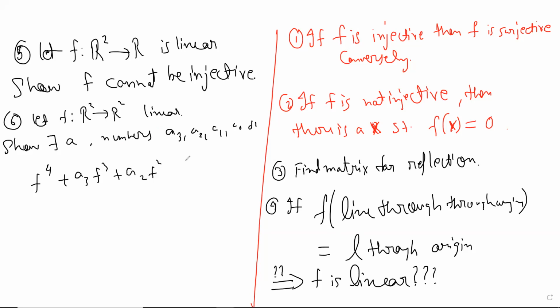I mean, some a_i could be 0 also. Show that you can find such things. You can think of your knowledge of system of equations, because now you have matrices representing them. Okay, so let's keep this for now.